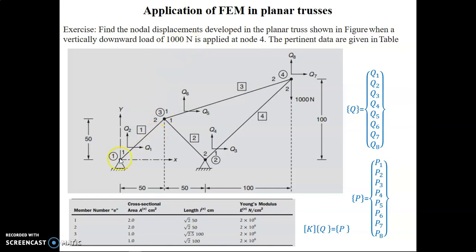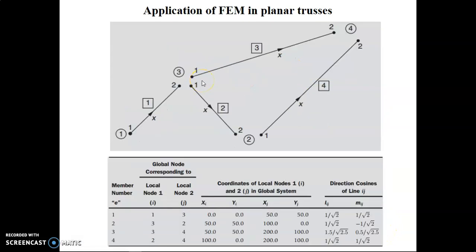So based on these given conditions, we can say that Q1, Q2, Q3 and Q4, all these values are equal to 0, and also P8, the force at the fourth node in the vertical direction, will be equal to minus 1000.